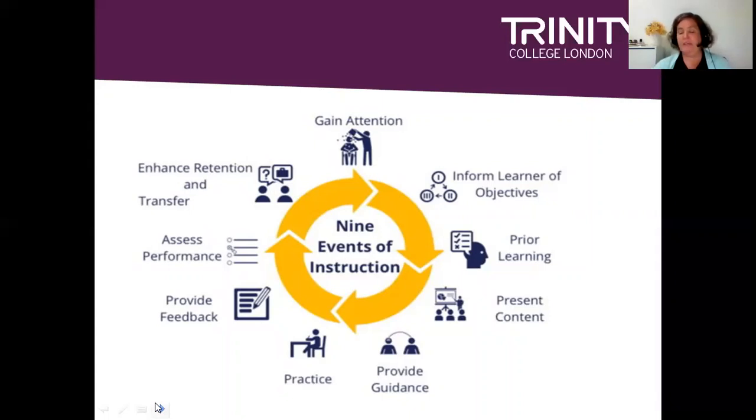And if you pay attention, we have been emphasizing how important it is, both in a traditional context, but in this context as well, that we focus on planning, all right? So I have summarized on this slide these 9 events of instruction that are really very important to bear in mind.